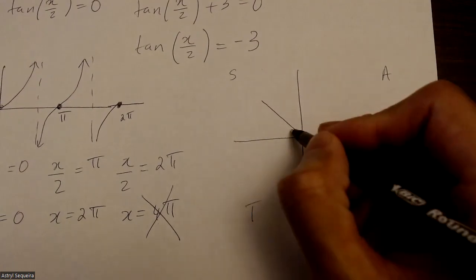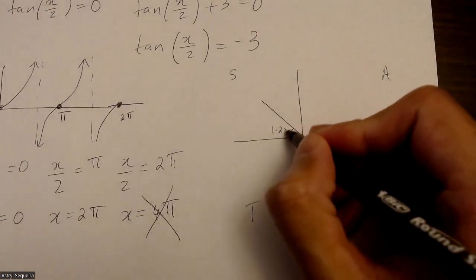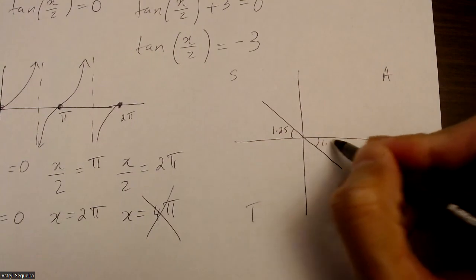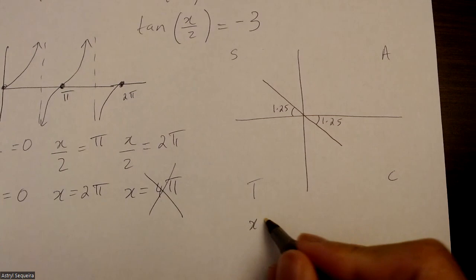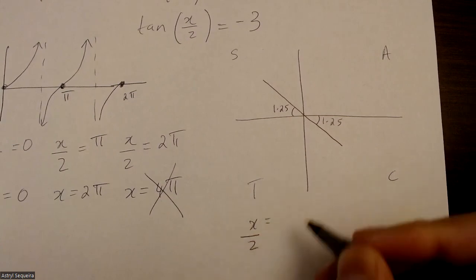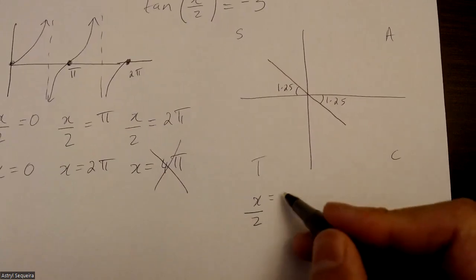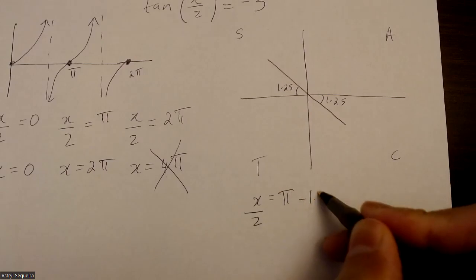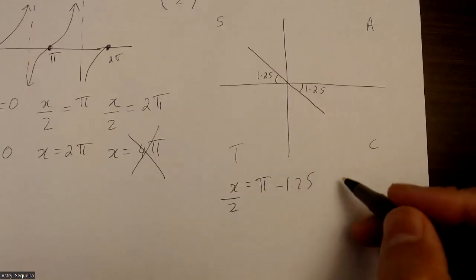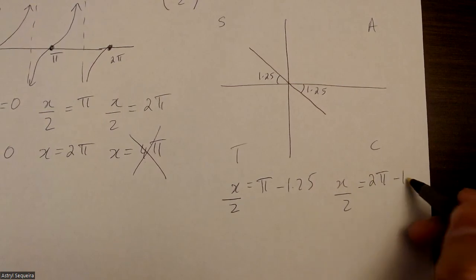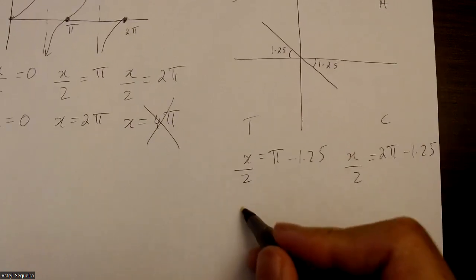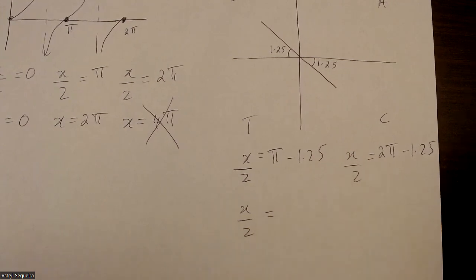And I get 1.25. So my first solution here is x/2 equals pi minus 1.25. And this one here, x/2 equals 2 pi minus 1.25. I'll do these calculations now.